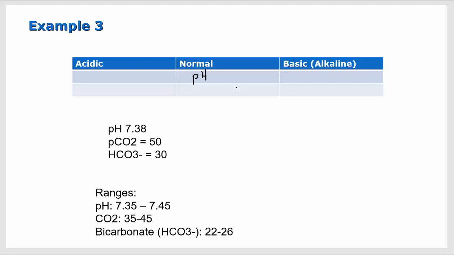Carbon dioxide is high, which is on the acidic side. So we're going to say carbon dioxide is over here, and bicarb is high, indicating alkaline. HCO3 minus. So where's our tic-tac-toe?